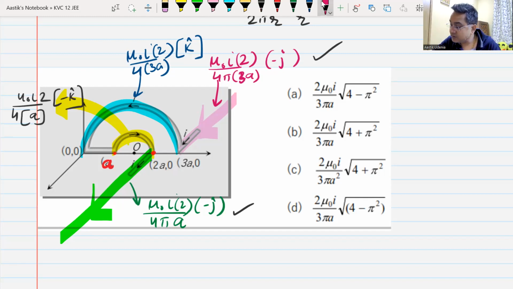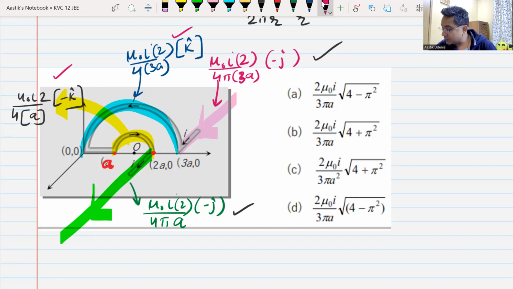This field is along K and this field is along minus K, so they will get subtracted. Eventually, both the fields are perpendicular to each other. That will give you your answer.